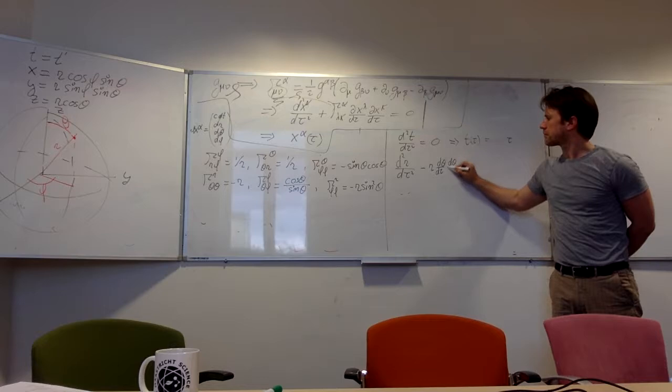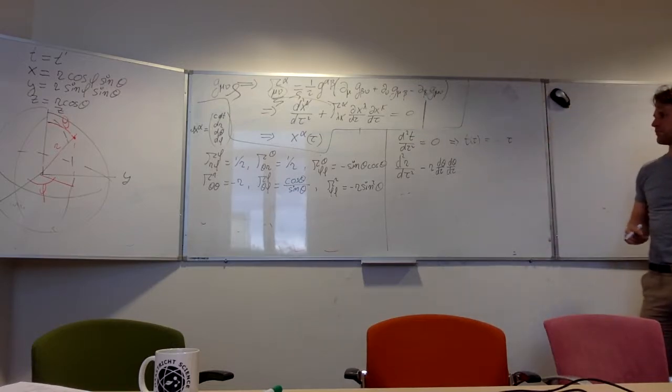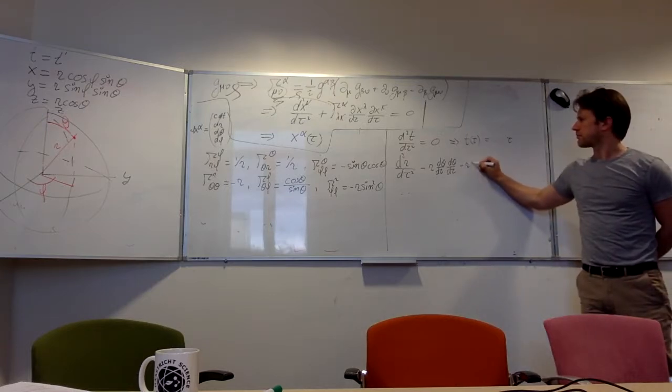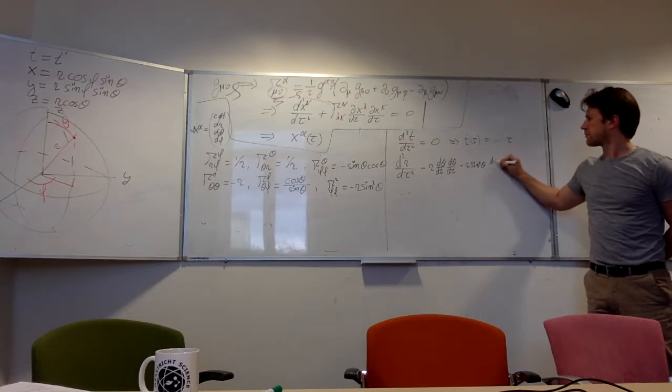What's the other one? The other one is taking phi, so that would be minus r sine squared theta times d phi d tau squared.